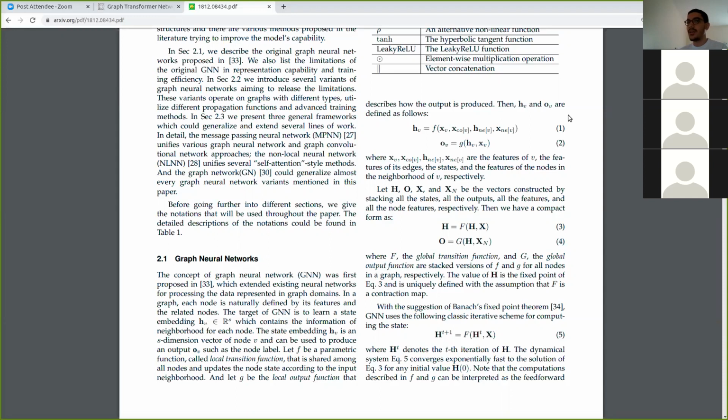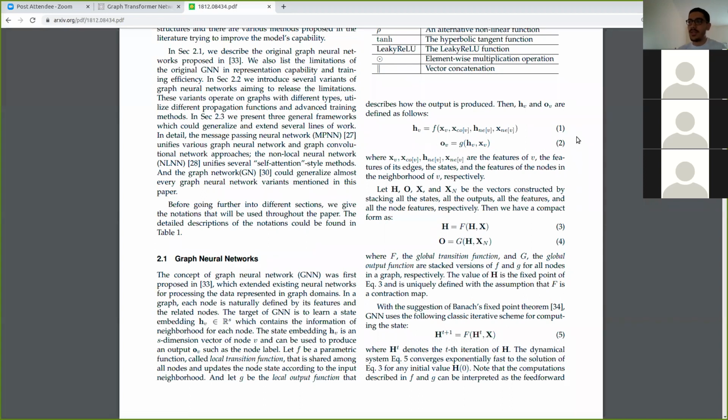Normally some kind of nonlinearity, but this changes depending on the architecture, and it uses this to update the node state, the vector.